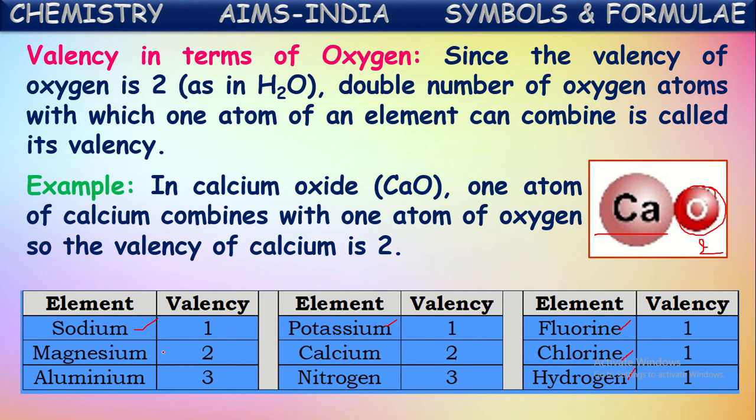Whereas magnesium and calcium have valency 2. If valency is 2, they are called bivalent elements. Next, magnesium and nitrogen have valency 3, so they are called trivalent elements.